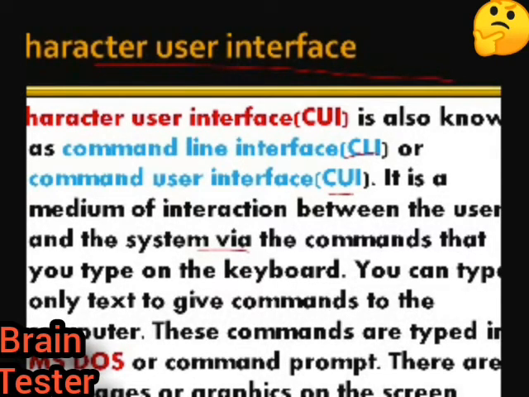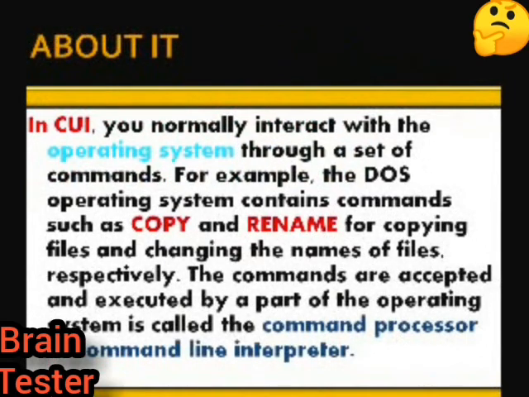There are no images or graphics on the screen. You can see what is written here. In the CUI, you normally interact with the operating system through a set of commands.